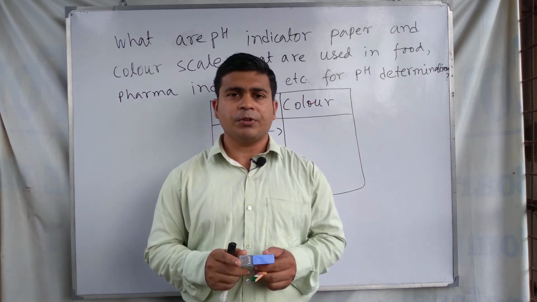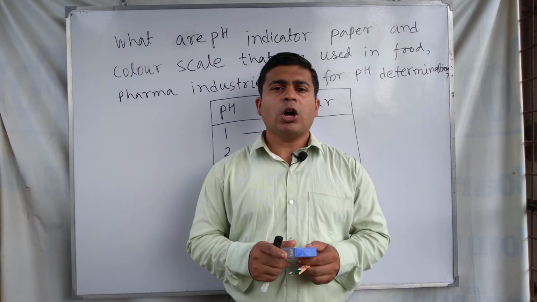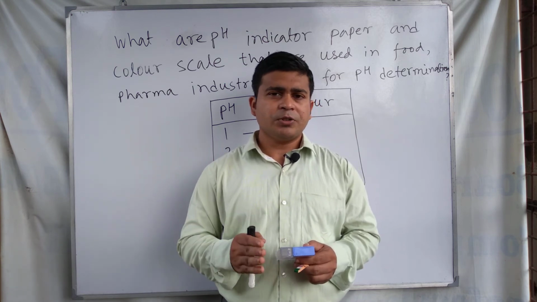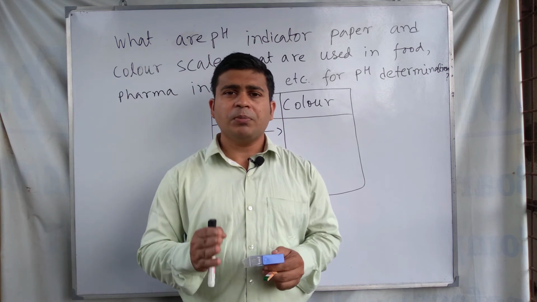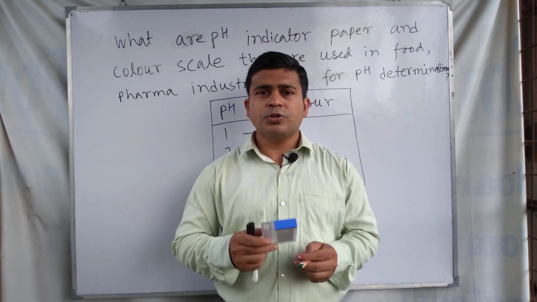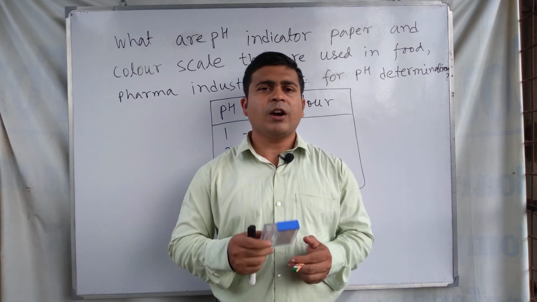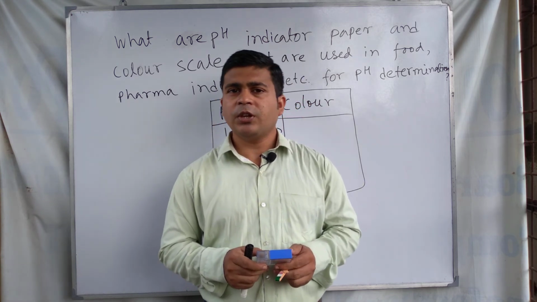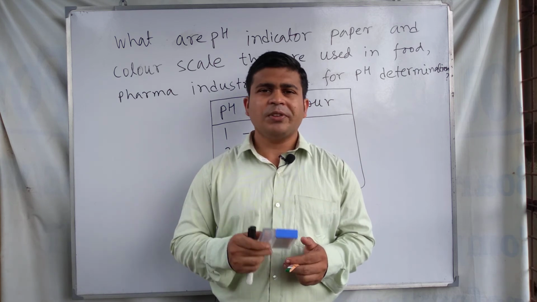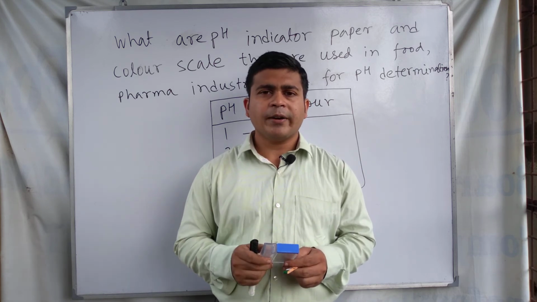This pH indicator paper and its color strip is very useful for determination of the pH of a substance. If you need to determine the pH of any substance, you can use this pH indicator paper and its color strip. The color strip is easily available in the market.